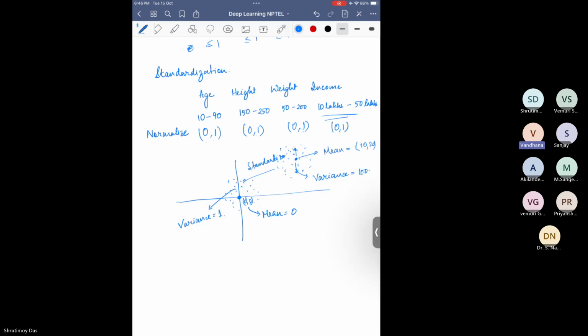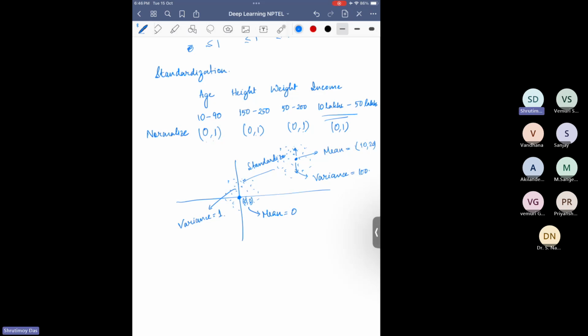So standardization is the most popular step that people do because, like I said, we want to make our data look like Gaussian distributions because then it becomes better. So we do standardization in that case.